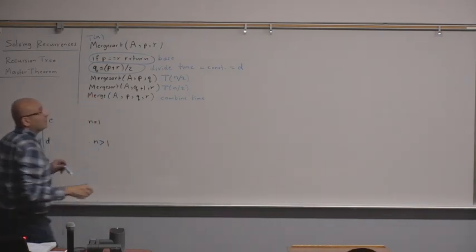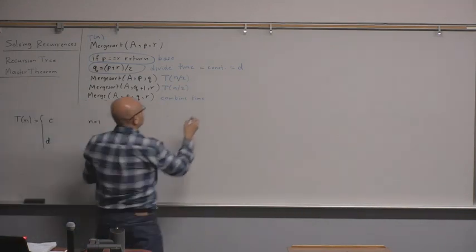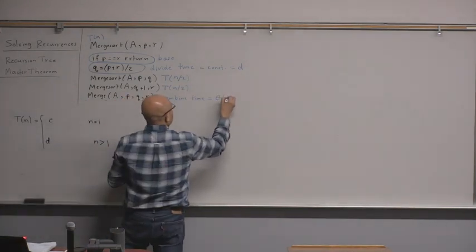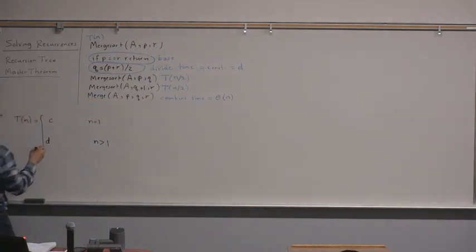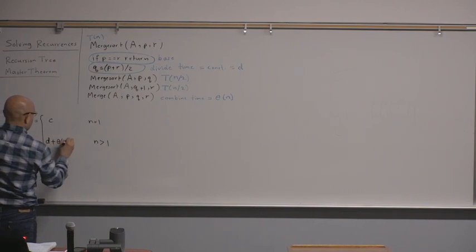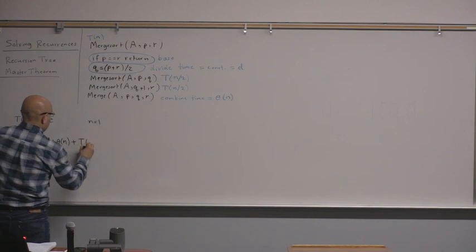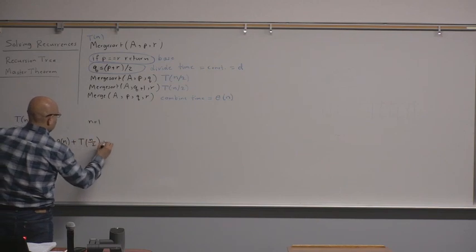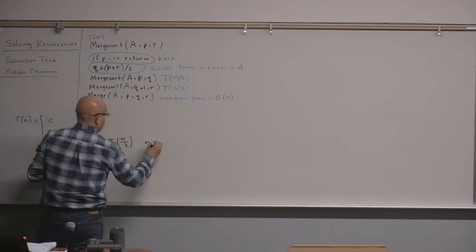What's the combine time? The combine time is theta of n. So it's D plus theta of n plus T of n over 2 plus T of n over 2. This is if n is greater than 1.